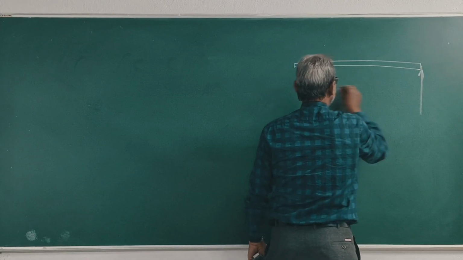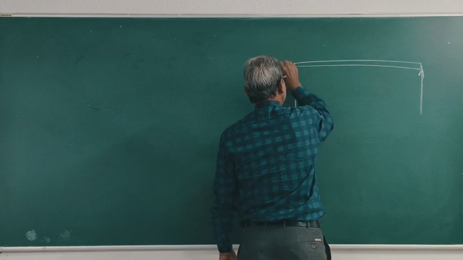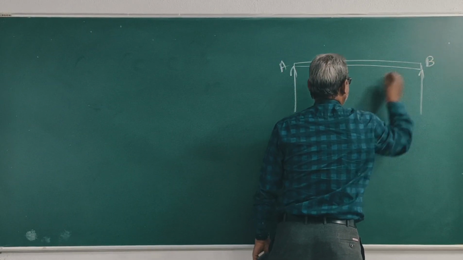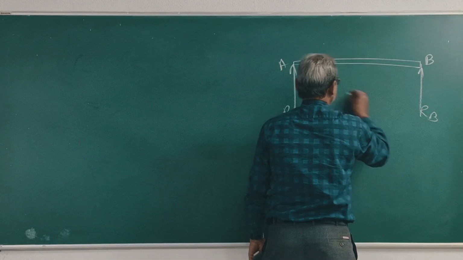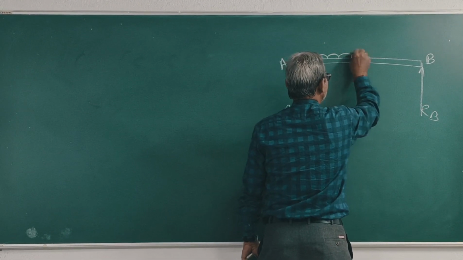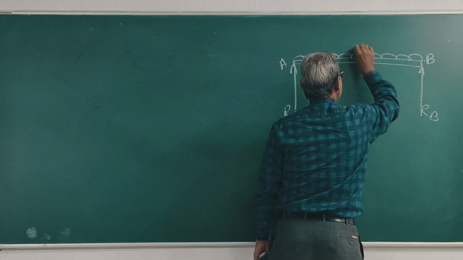This is A, B, RA, RB. This is the UDL, w per unit meter length.